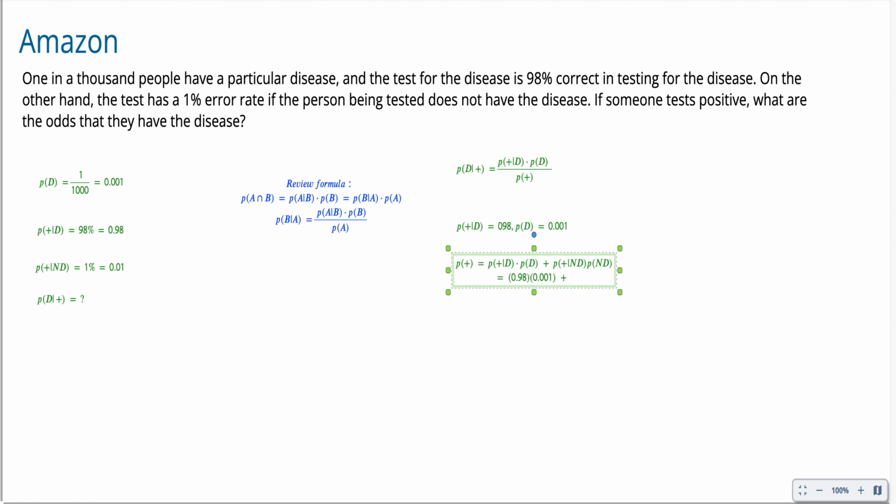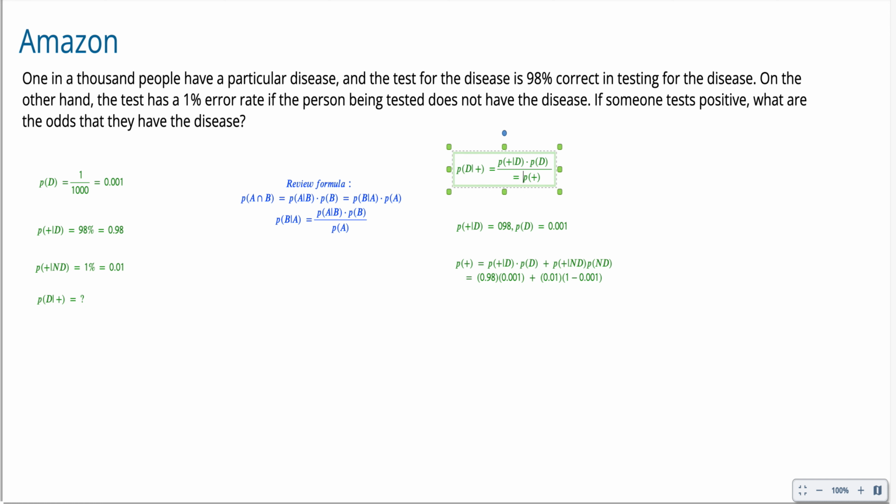That's the 1% error rate, so this is 0.01. And the probability that the person does not have the disease is the opposite of having the disease, so that's 1 minus 0.001, 1 minus the probability of disease.